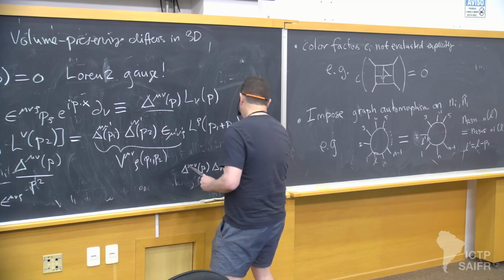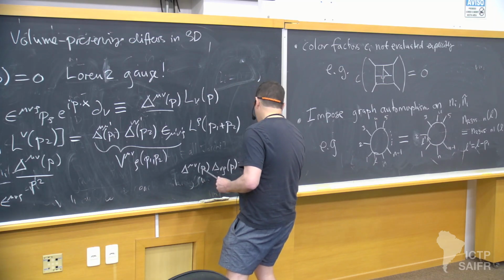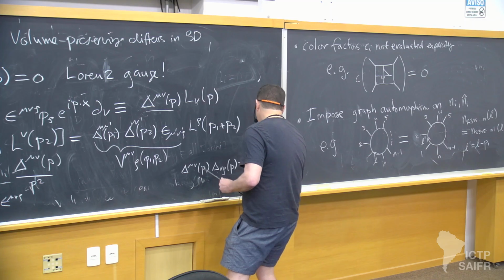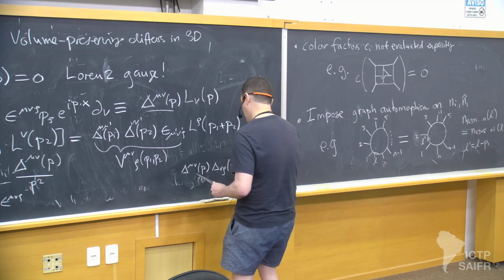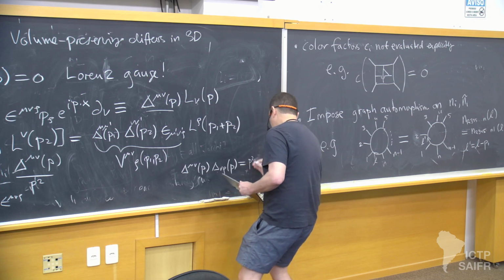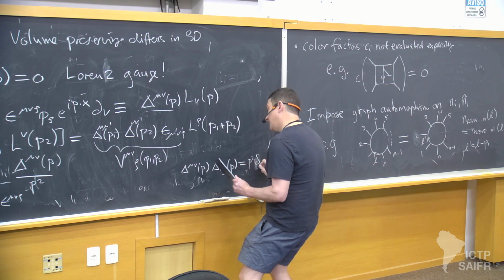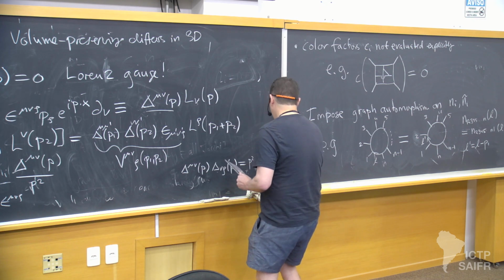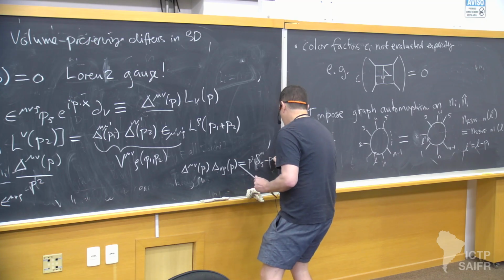So that becomes p squared eta mu nu, well, whatever. Let's do delta. Delta mu rho minus p mu p nu rho.